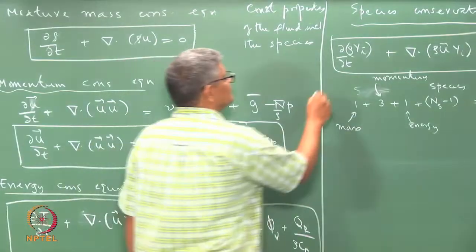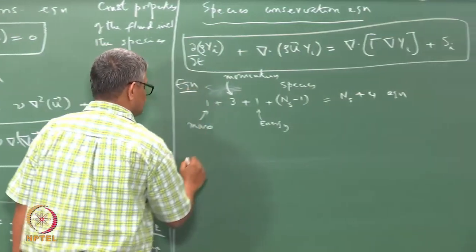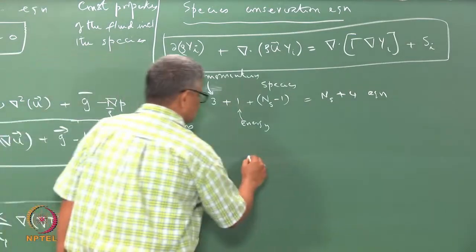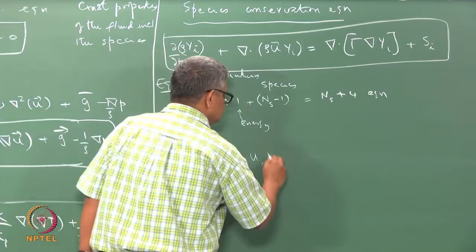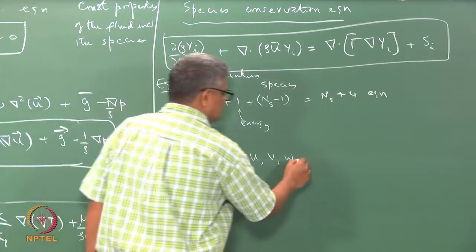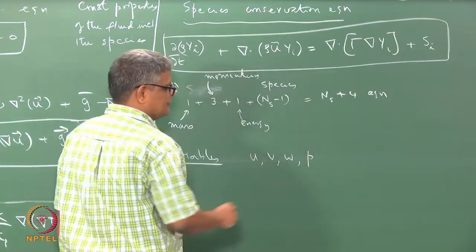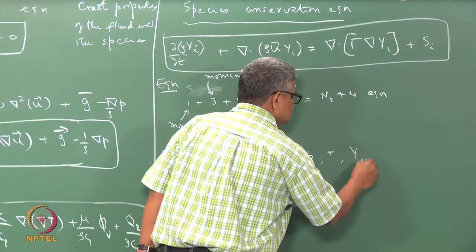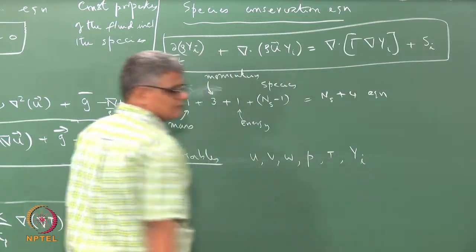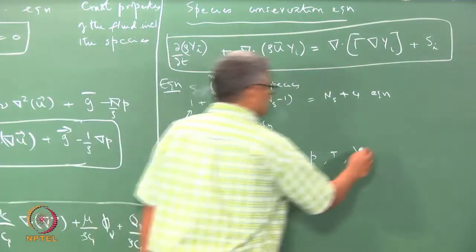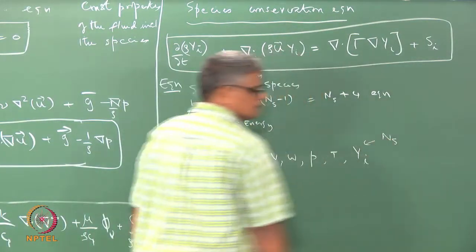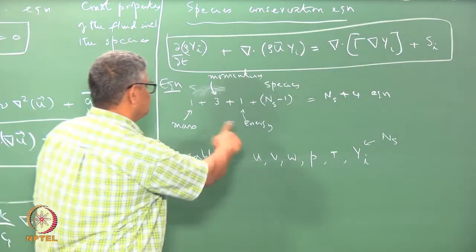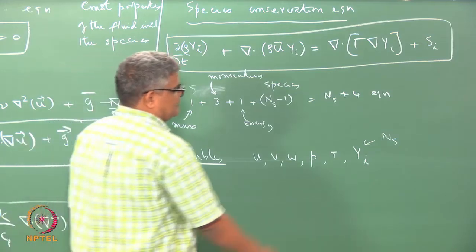And what are the variables? So, these are the equations. We have the mixture U, V, W, the mixture pressure, the mixture temperature and the mass fractions of the species, and there are ns number of species.